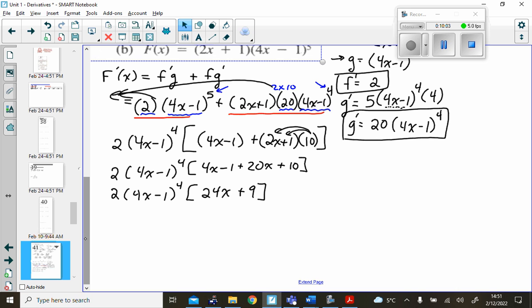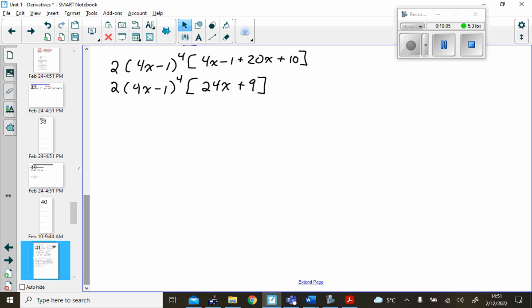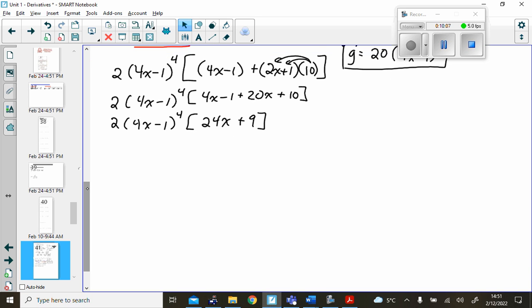Question usually asked, am I done yet? How do I know if I'm done? My answer is usually, well, do you see any negative exponents? The answer is no. Do I see any common factors? Yeah. This is 3 times 8, and this is 3 times 3. Looks like I can take a 3 out of there.